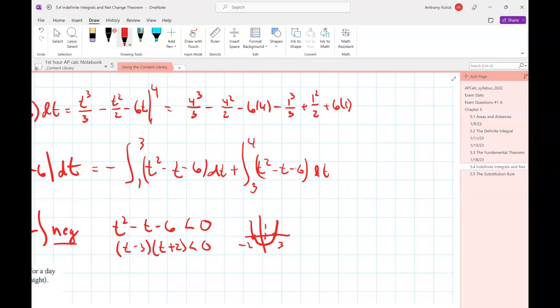Does that feel okay? And now this is easy because we know the antiderivatives for each of these already because we did it in part A.